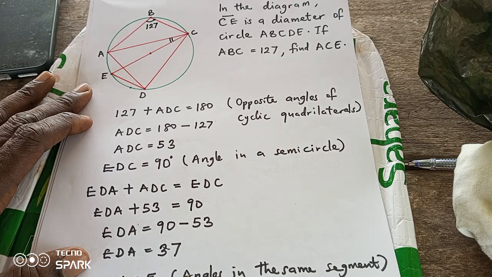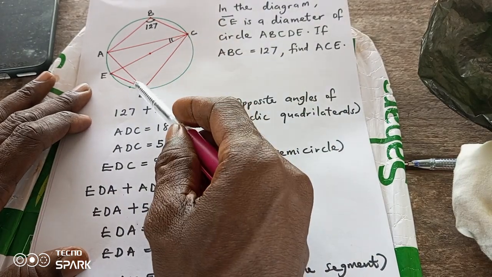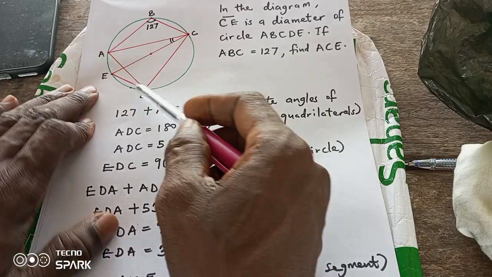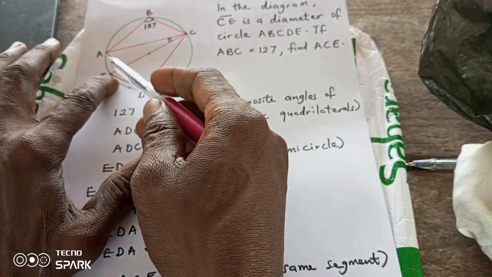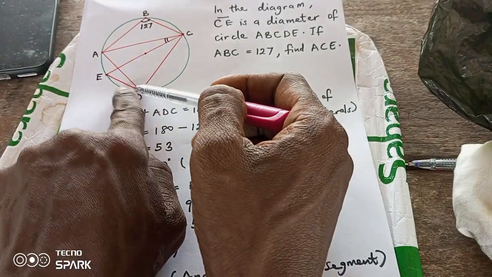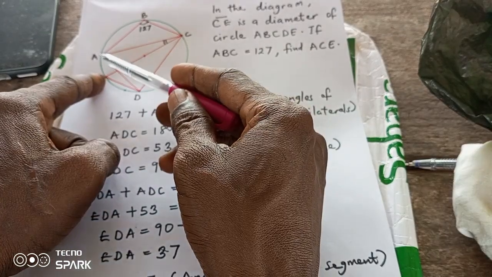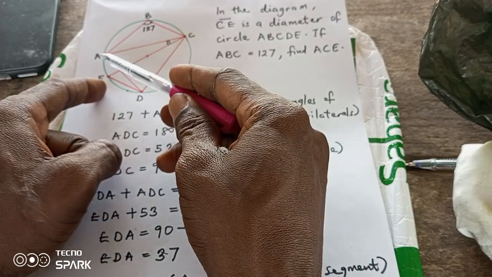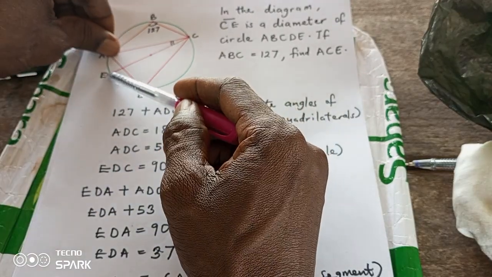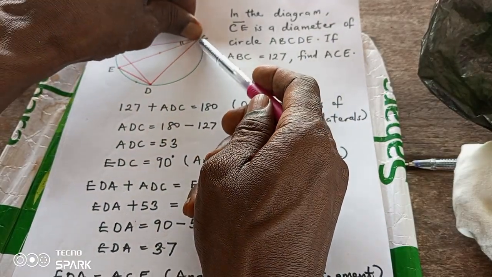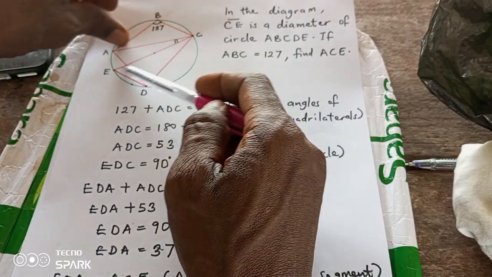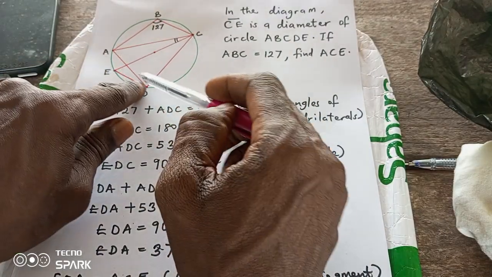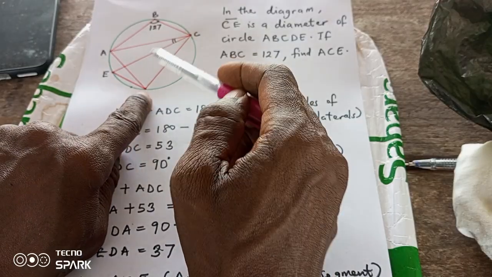Now we are told to look for ACE, not this angle. You will notice something. This angle touches the circumference, starting from this point and this point. From these same two points, you have another angle touching the circumference this way. So these two angles are angles in the same segment.